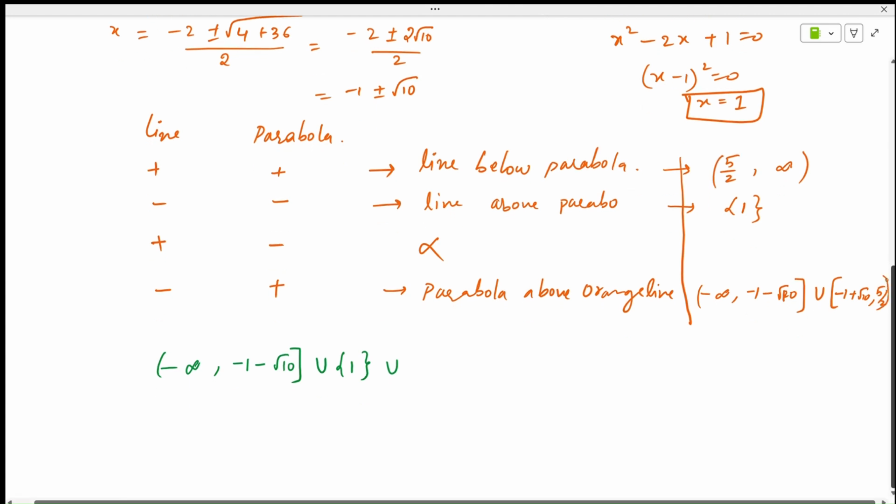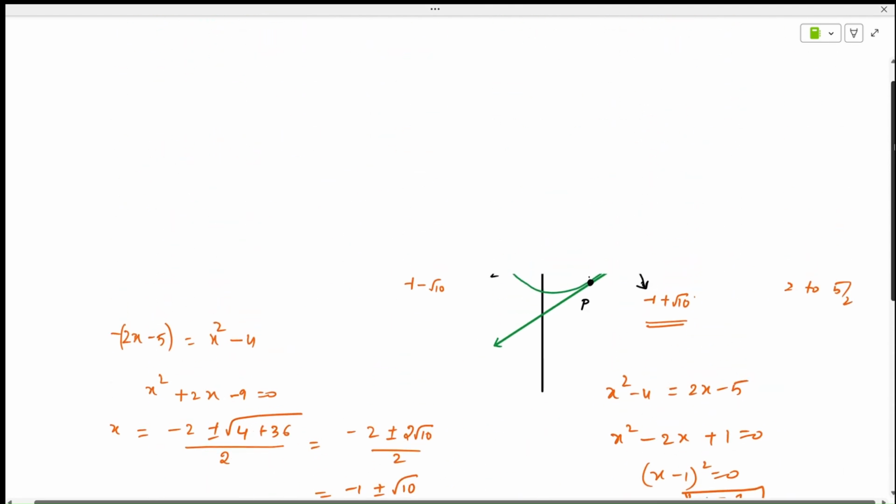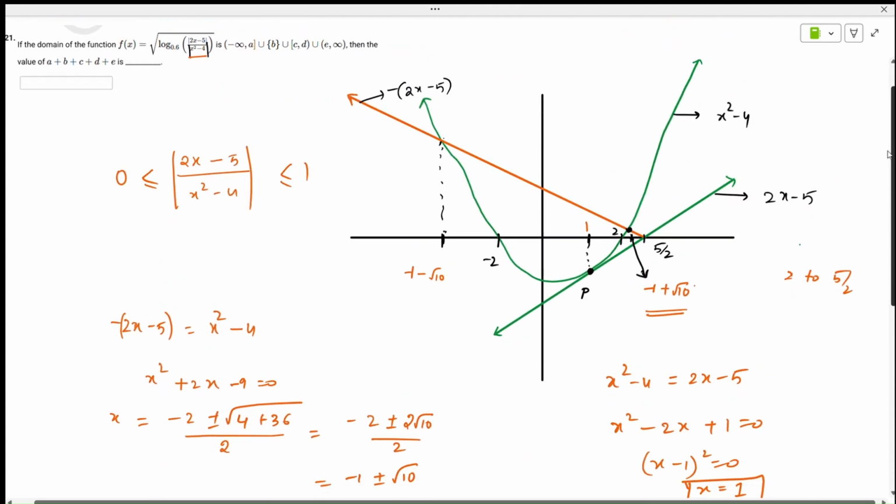Okay, so now we'll take minus 1 plus root 10 to 5 by 2, union 5 by 2 to infinity. So what are the values of A, B, C, D, E here?